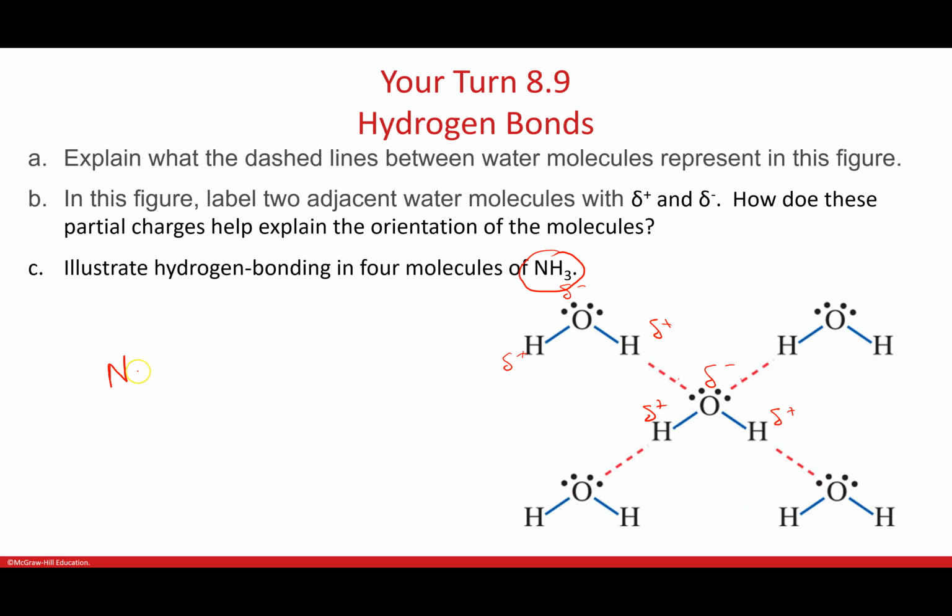NH3 looks like this. I have nitrogen in the middle. I'm going to do 3 covalent bonds, and I'm going to connect up my hydrogens. There's 3. Oh, we need to draw 4. Yeah, you're right.